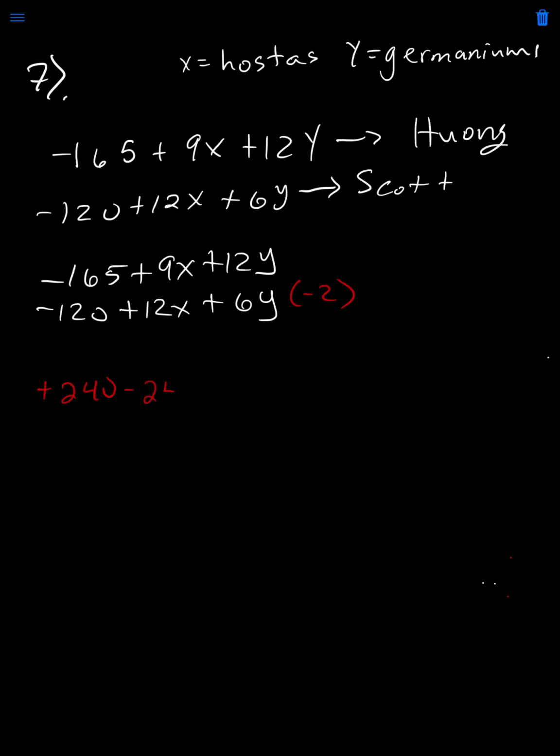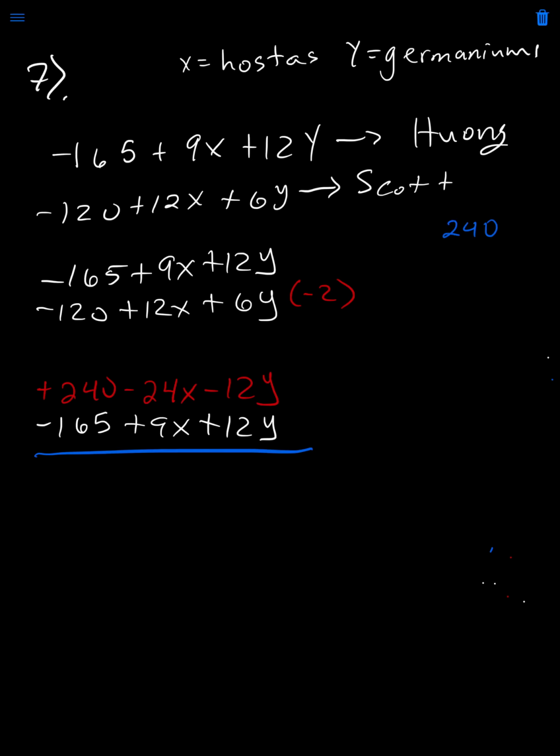When I do that, I'm going to have positive 240 minus 24x minus 12y for the bottom. And the one for the top is still negative 165 plus 9x plus 12y.